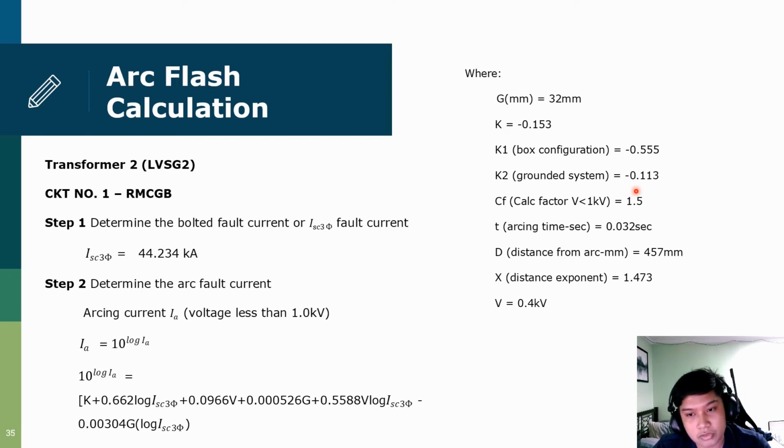CF factor is 1.5. Our arcing time is 0.032 seconds. The distance is 457 millimeter. Our distance exponent X is 1.473. Our system voltage is 0.4 kilovolts.